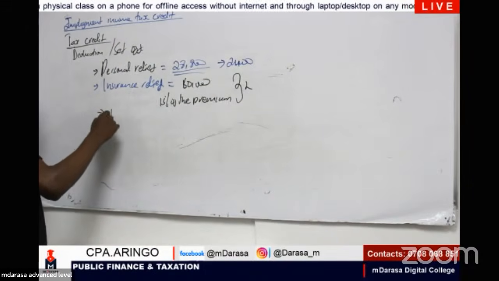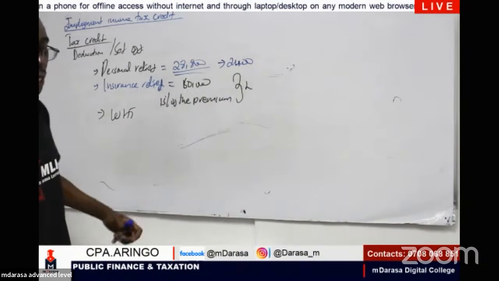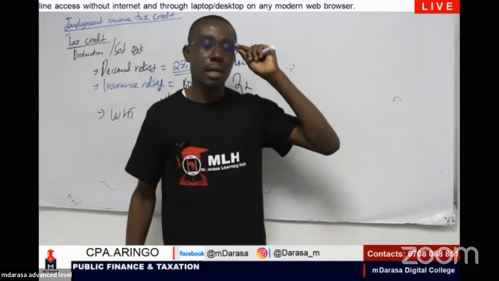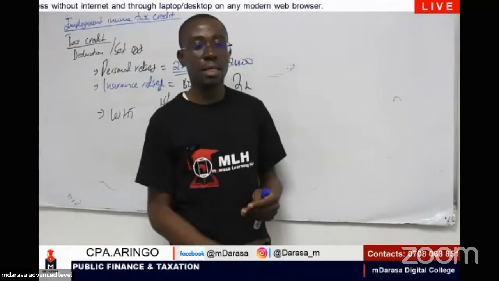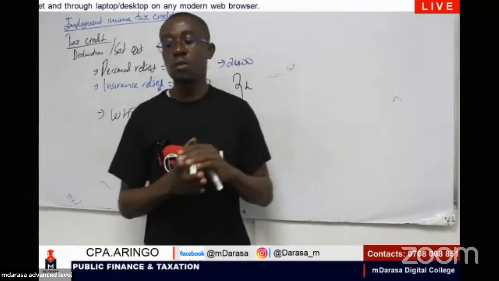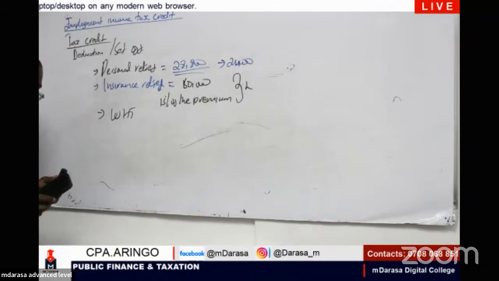And of course, withholding taxes. Remember, these are literally the concept of tax at source, whereby these amounts were already deducted. So while computing my income, I'll have to remove them. So these are what you're referring to as tax credit.